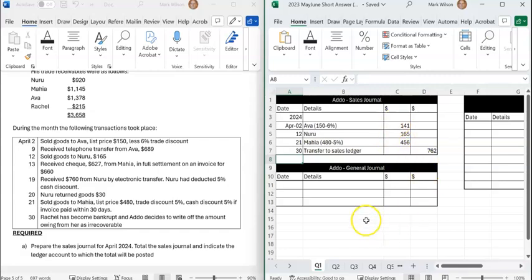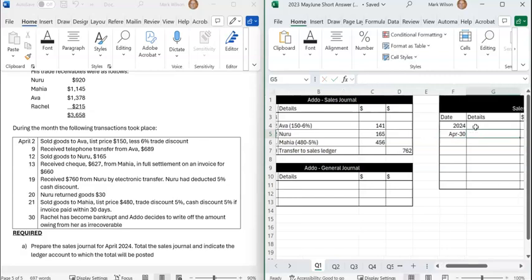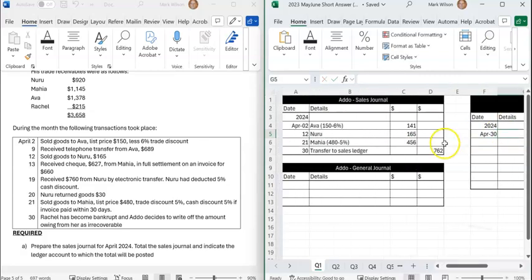So now we're going to do the general journal. The question in your paper asks you to prepare the journal entry to write off the amount owed by Rachel. A narrative is required. So we've got to find Rachel down the bottom here on the 30th. Now we'll put the date. And April 30th. Oh, wrong one.